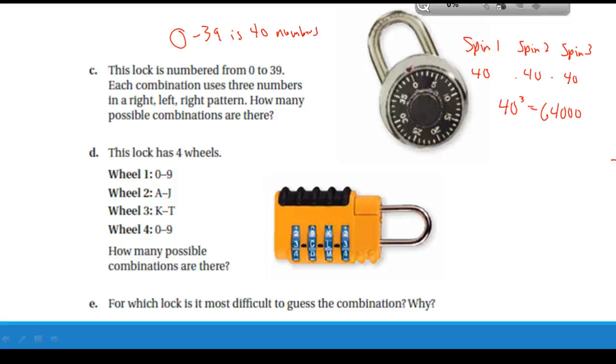So 0 to 9 is actually how many choices? Wheel 1 would have 10 choices, because 0 to 9, remember, is 10 choices. Wheel 2, A through J, well, we have to count those. A, B, C, D, E, F, G, H, I, J. So that's 10 choices.